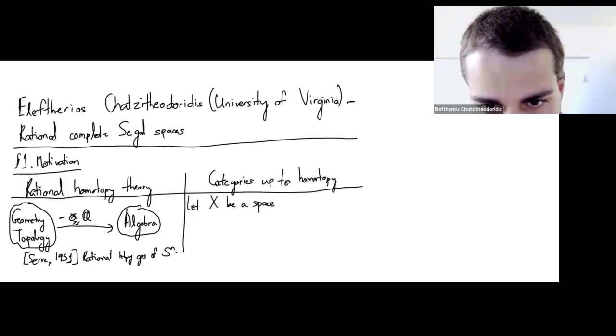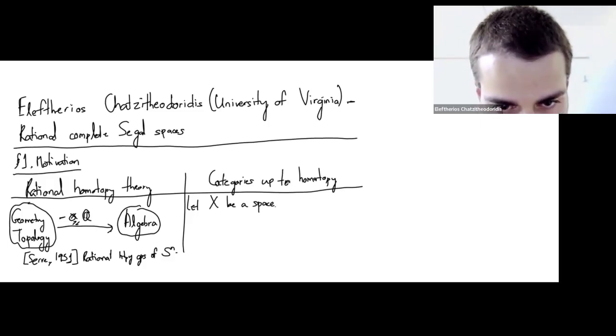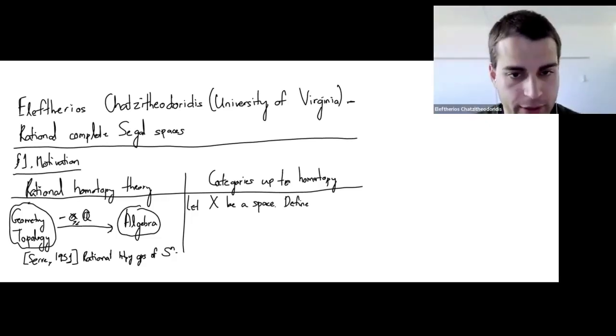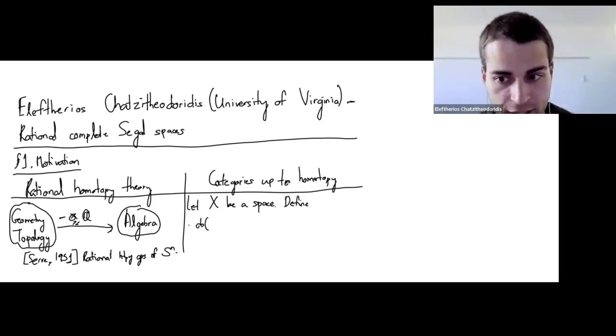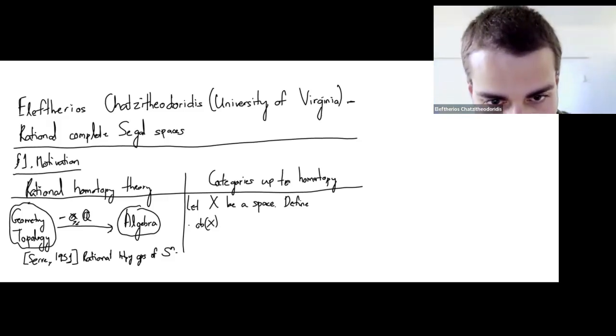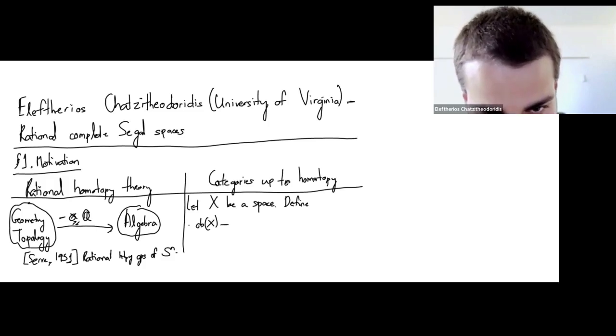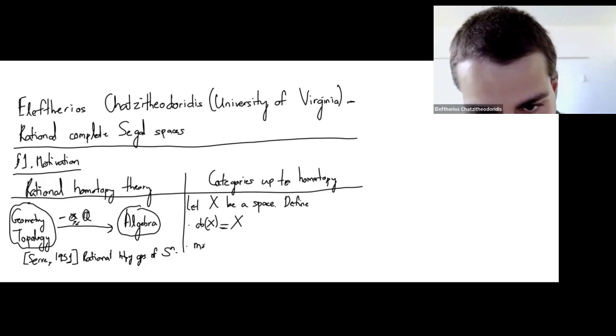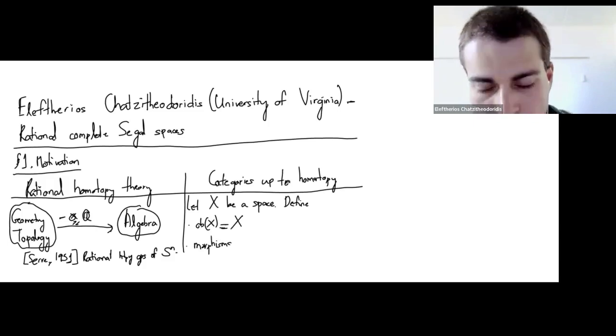So you can try to define a small category, with objects being the points of X, so X as a set, and morphisms being continuous paths between points.